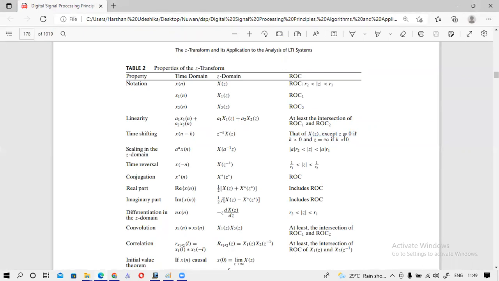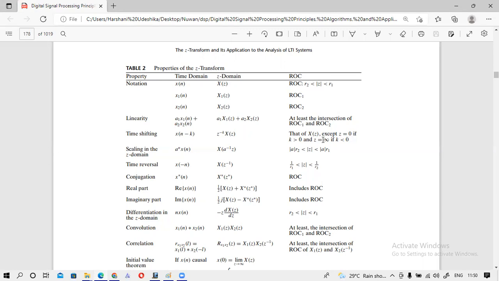So here it is given. The ROC will be that of X(z). But if k is greater than 0, the infinity will not be there.